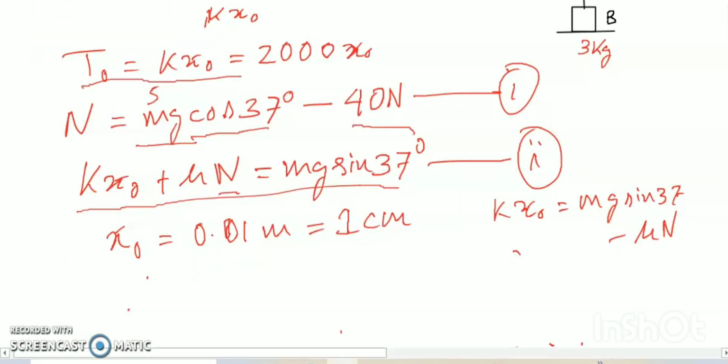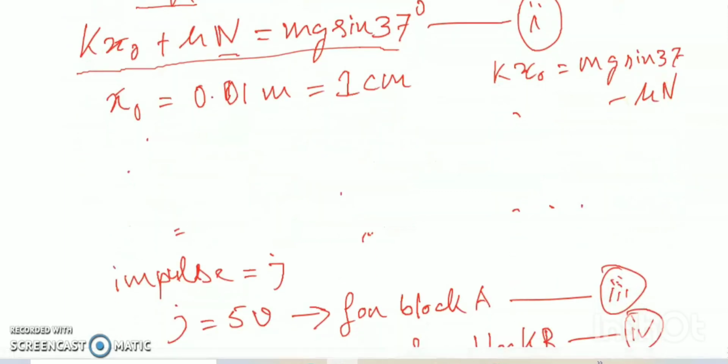Here is an error I made, so sorry for that, because it is not 40 N. This is my mistake; it is mg cos 37 degree and kx0.